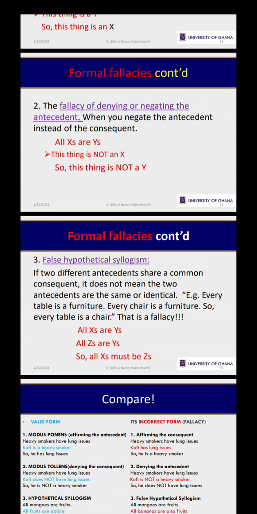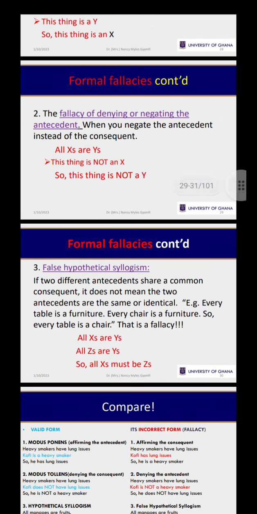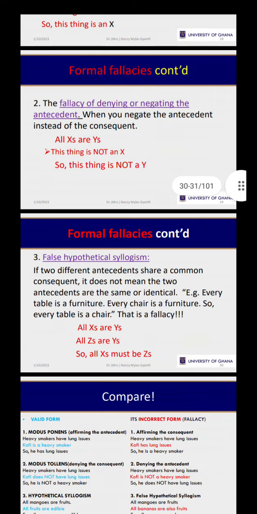You get it? I'm negating the Nigerian here. It's not the knowledgeable or the consequent. I'm negating the antecedent instead of the consequent. So it means I've negated the antecedent, and it becomes a fallacy. That is the fallacy of denying or negating the antecedent.